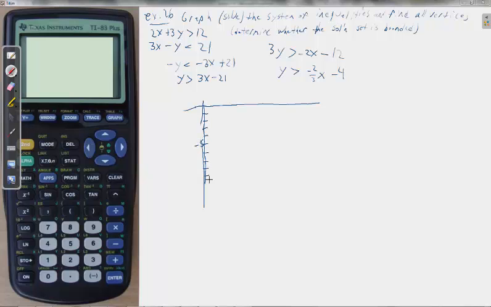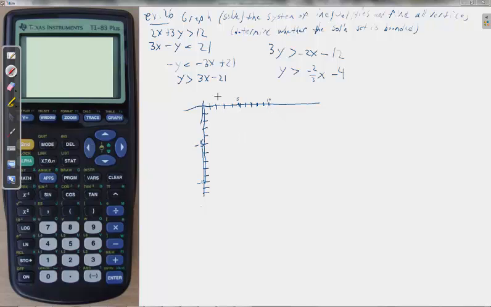That's negative 5. 10, 11, 12, 13, 14, 15. Three, 4, 5, 6, 7, 8, 9, 10.